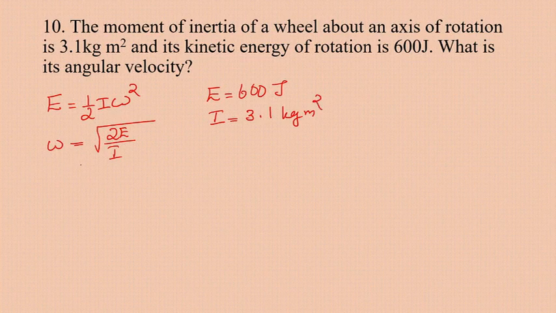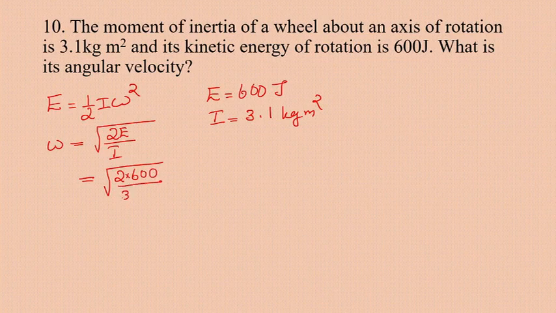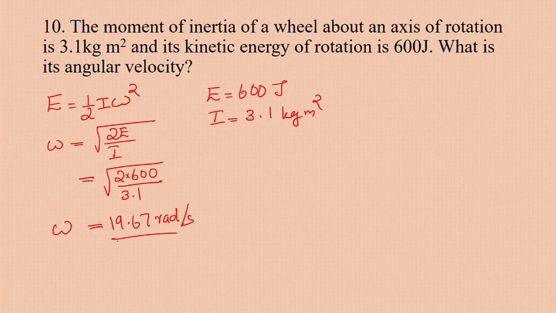So we can substitute these values, that is omega is equal to square root of 2 times 600 divided by 3.1. So the answer is 19.67. What is the unit? Radian per second. 19.67 radian per second.